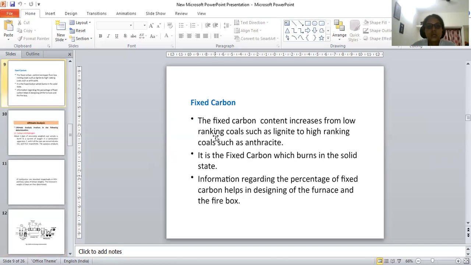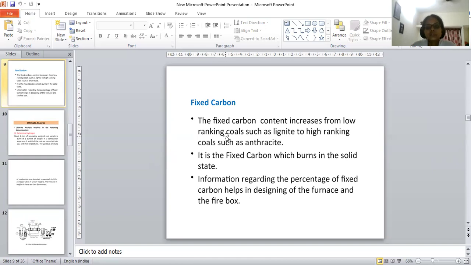And next one is fixed carbon. The fixed carbon content increases from low-ranking coals such as lignite to high-ranking coals such as anthracite.